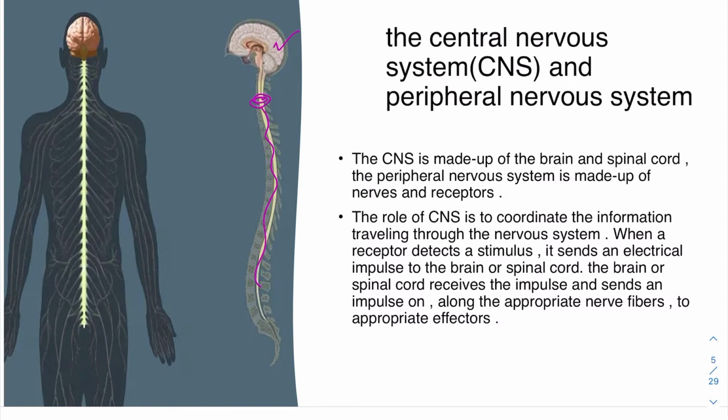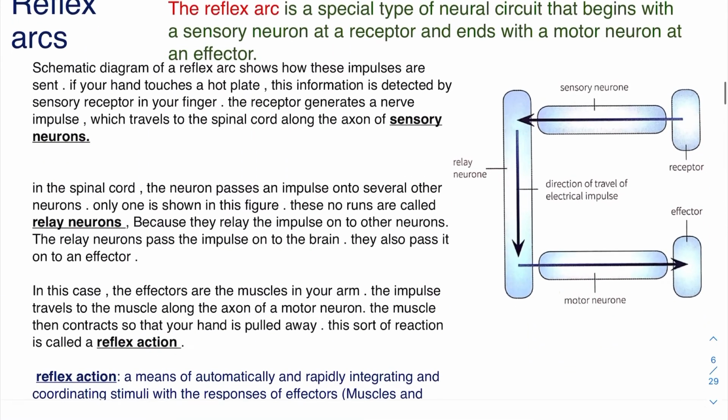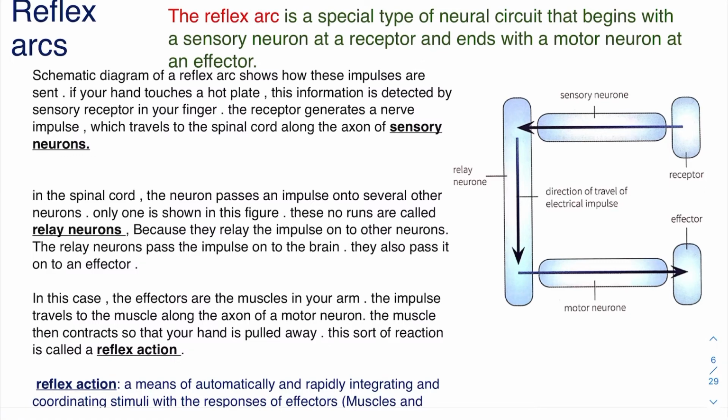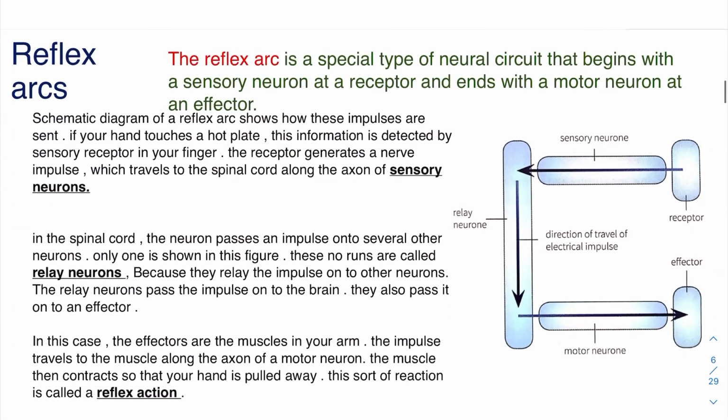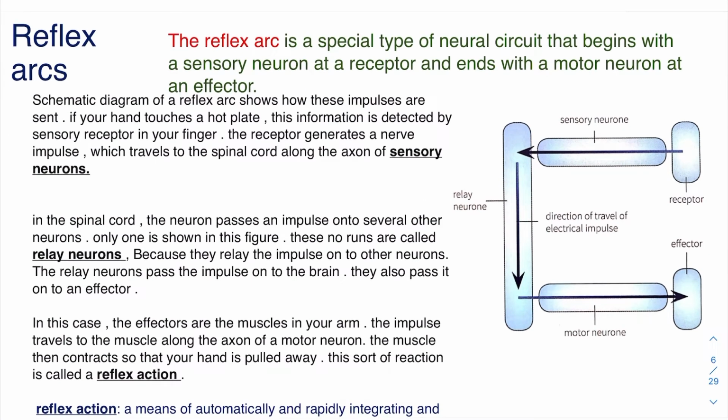So technically speaking, let's put together all the information we have got so far by using this diagram. The diagram shows receptors. Receptors pick up the stimuli and convert it to electric signals or impulses, and then send it along sensory neurons that they have in their tissue or nearby.